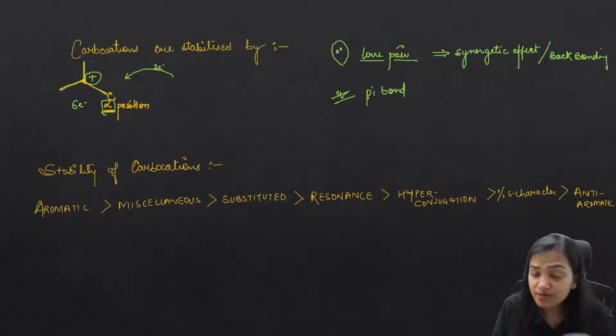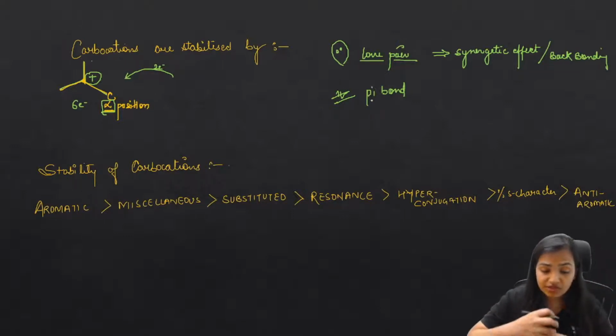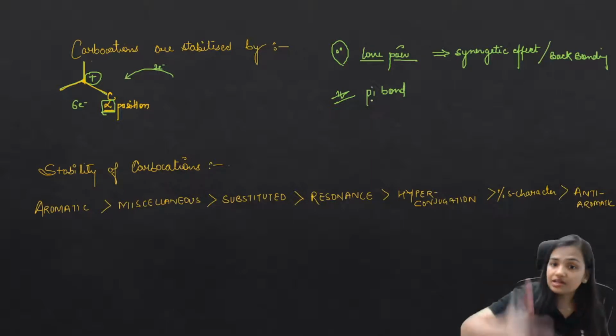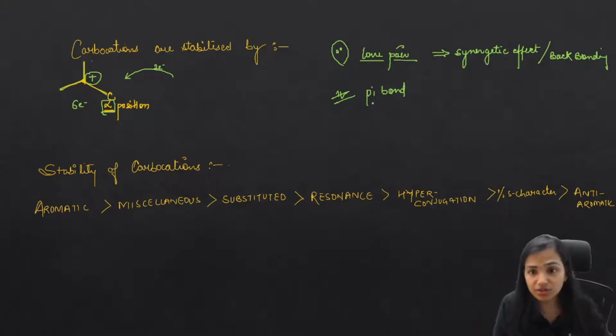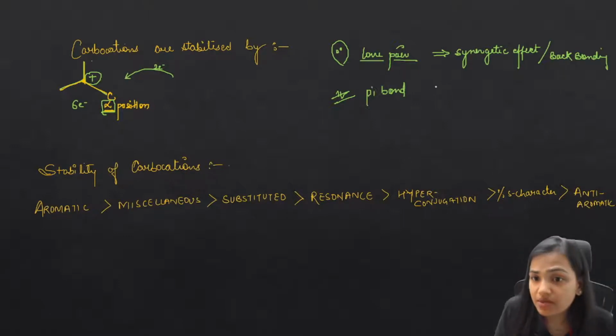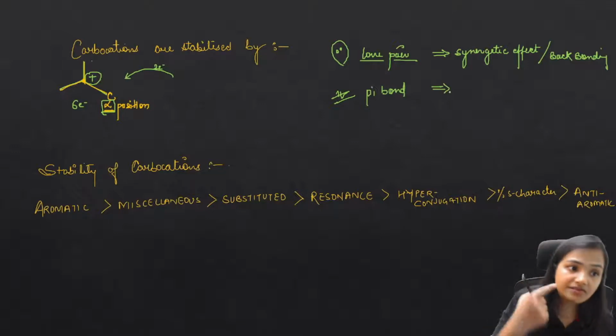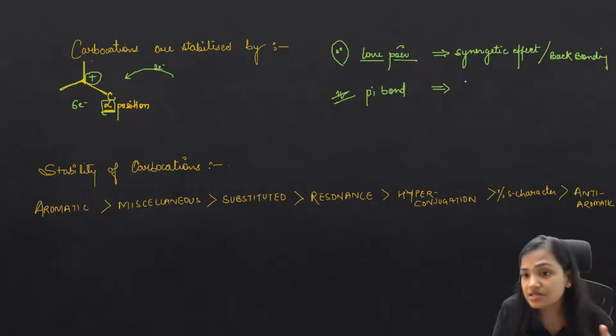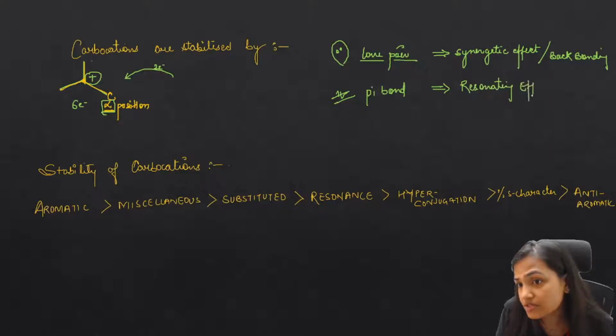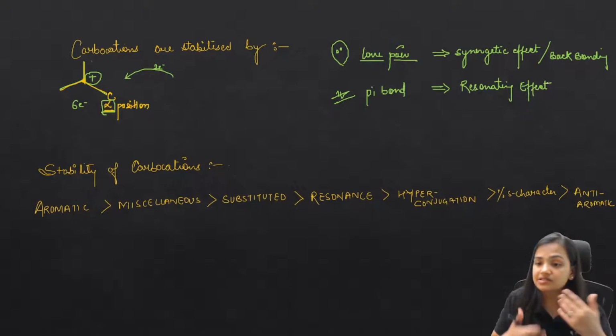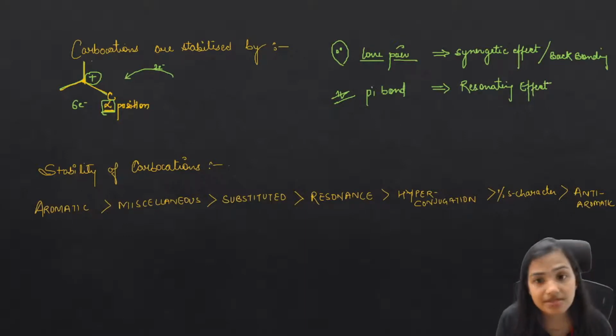This pi bond is also a weak bond which can easily be broken and can give its electron pair to the carbon with a positive charge, and so lead to stability. When a pi bond gives its electrons to the positive charge, this is said to be resonance. How can this be done? This can be done by the resonating effect. There will be stability.